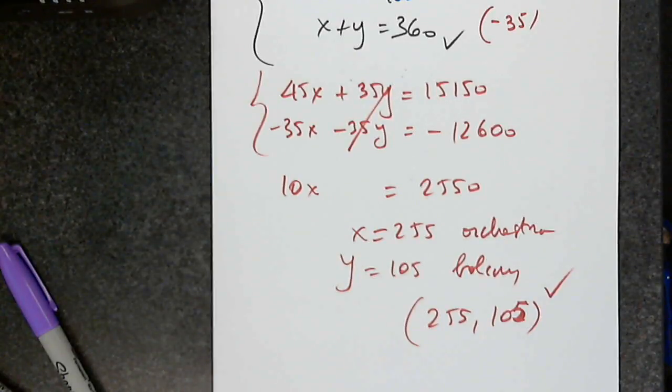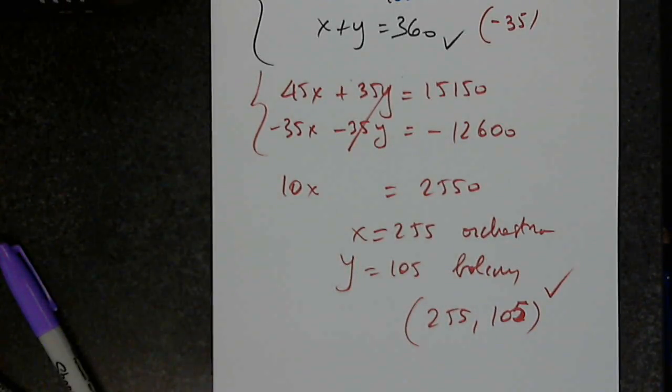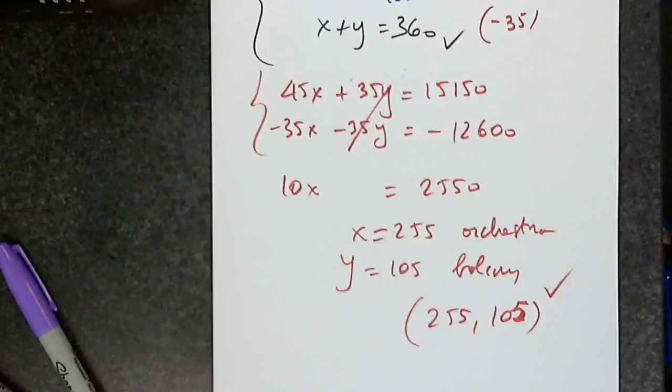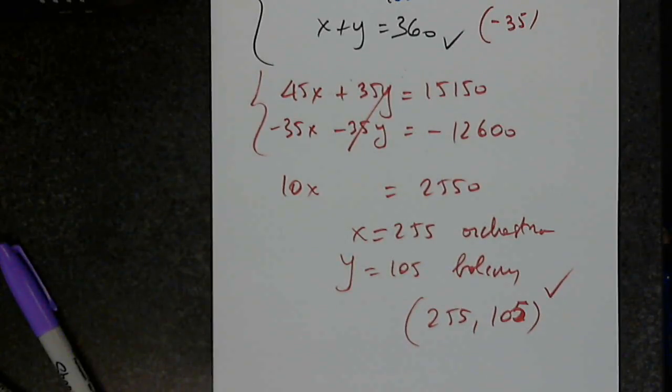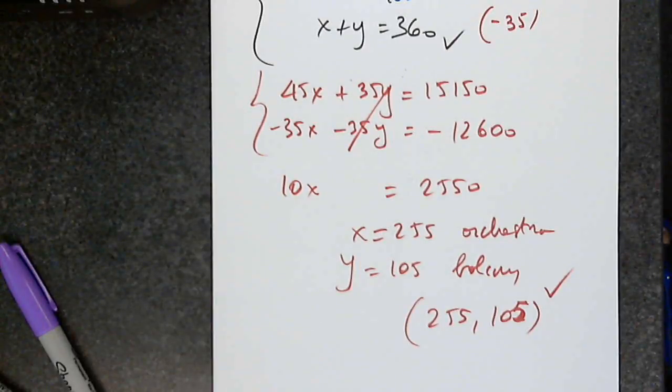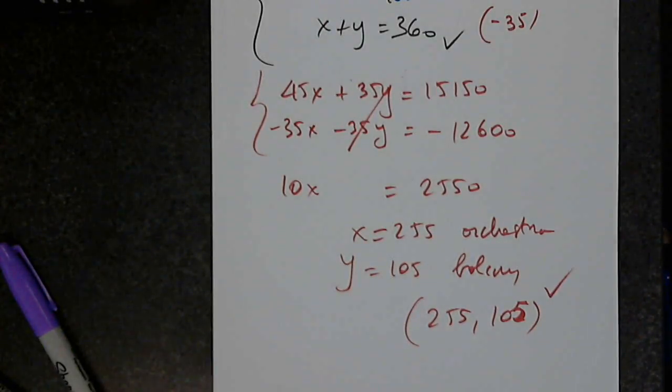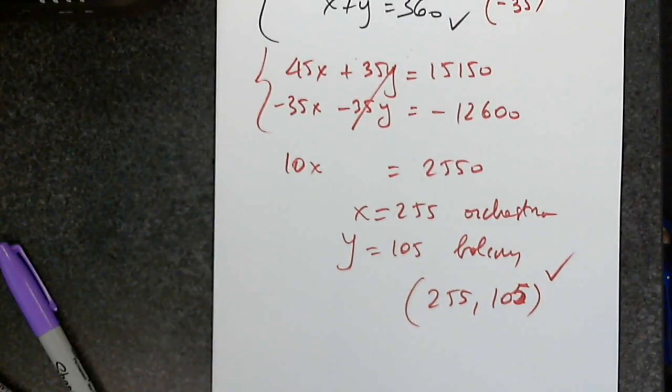Oh yeah, we have to look at the relationships between variables. Direct, inverse, and joint. Ready? Yeah. Okay. So let's look at that.